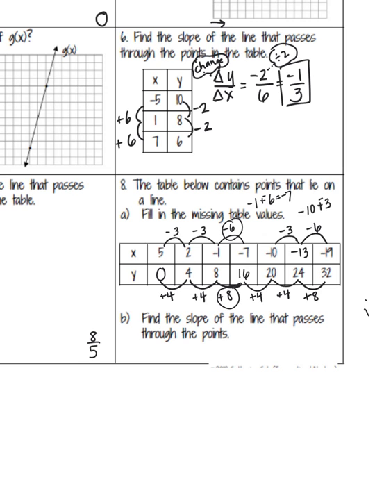And so part B says, find the slope of the line that passes through the points. Well, I can now just look at whatever pattern that I have. So I can go m equals the change in y over the change in x. On the bottom of the table, y is changing by 4.